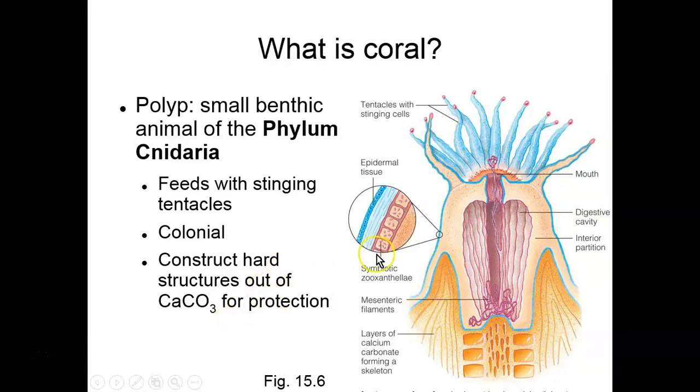Now, another thing about the coral is that living within its tissue, so if we look right here along the outer edge of what's called epidermal tissue, if we look right there and zoom in, you see these little squares right here. These little squares represent zooxanthellae, which are a type of phytoplankton actually.